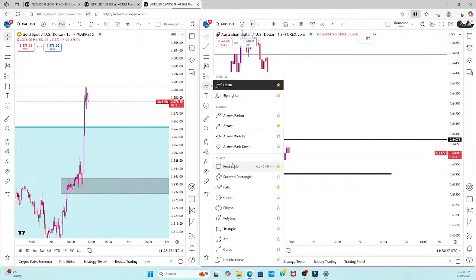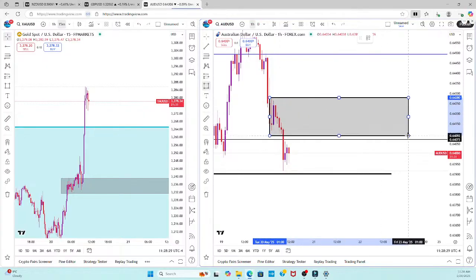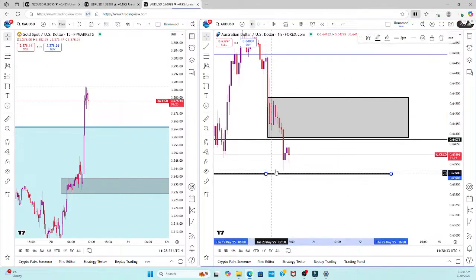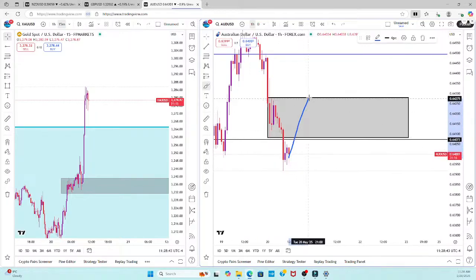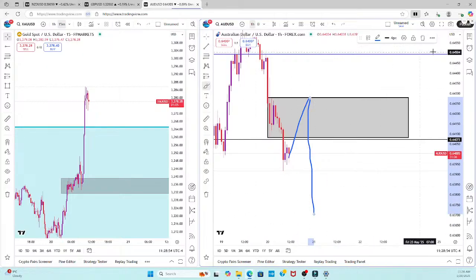So if I mark this like this, I feel like I'm having way too many lines, okay? So I have marked this like that. So if I want to look for a short on AUD USD, I would wait for the price to pull back to this resistance here, which is 64.28, and then I can enter a short at that area, okay?